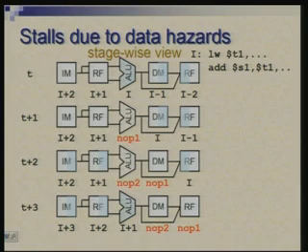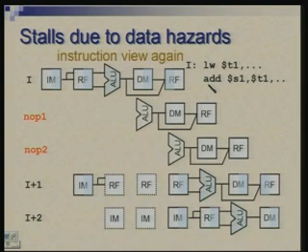Just to recollect the effect of data hazards on execution of instructions, we had seen that when data hazards are there, you need to introduce null instructions, no-ops, or bubbles in between instructions. For example, looking at a sequence of instructions in the stage-wise view, where you are showing various stages and vertically you are looking at various clock cycles, you would notice that no-ops are getting introduced when there are two instructions which are dependent on each other.